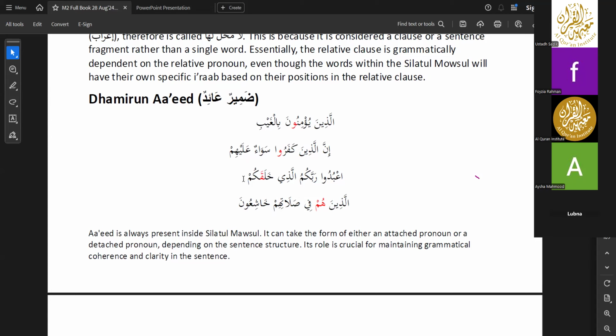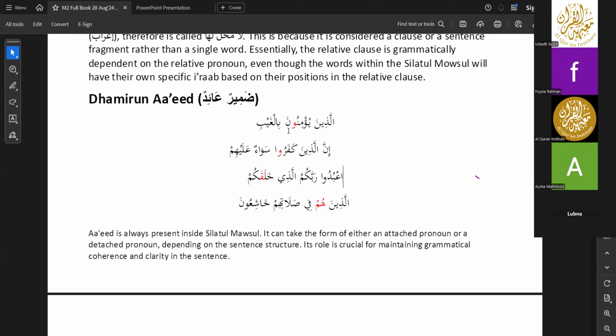Try to understand what I'm saying. Allazina yu'minuna, the damirun aid is the pronoun within yu'minuna. If this is not there, it is not a Silatul Mawsul. Strict criteria, without exception.